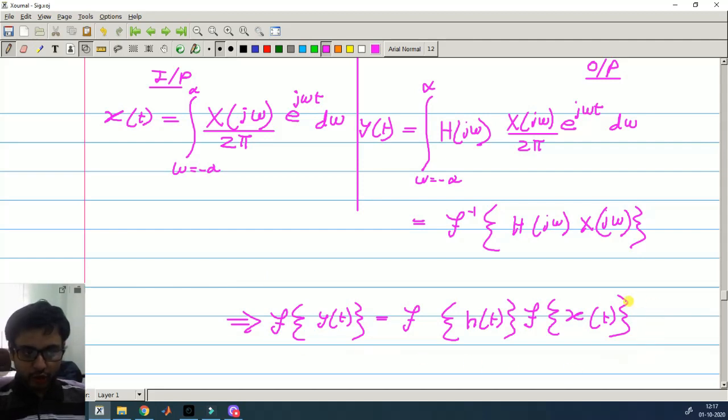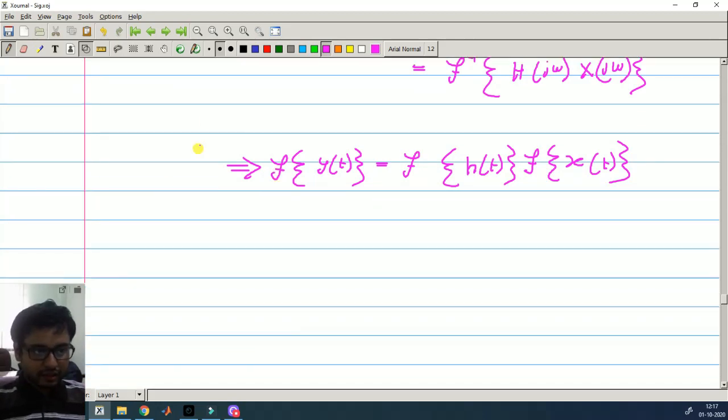This is also a very important fact. In fact, you can derive this from y t equal to h t convolved with x t.